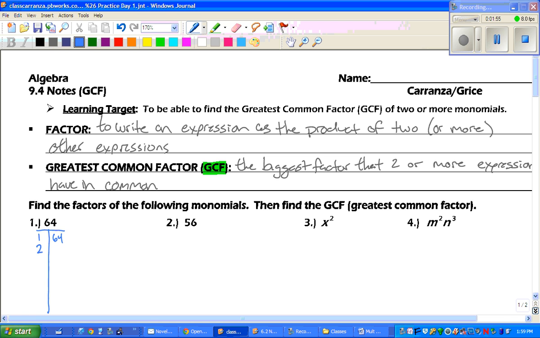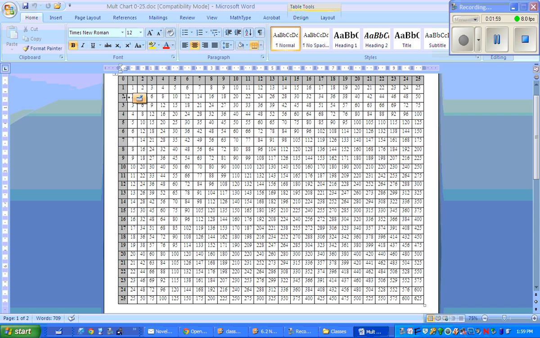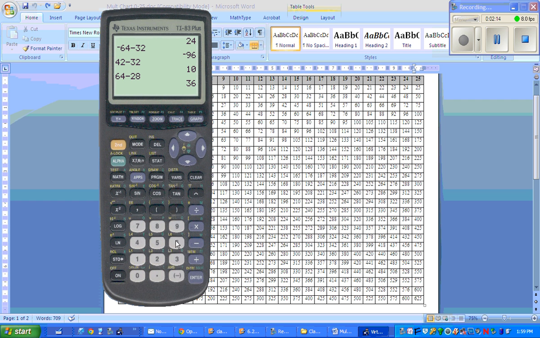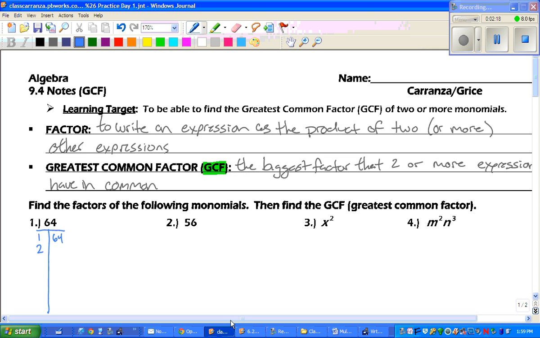Does 2 go into 64? It's an even number. My chart's not big enough, so if you have a calculator, you can just take 64 divided by 2. That's 32. So 2 and 32.